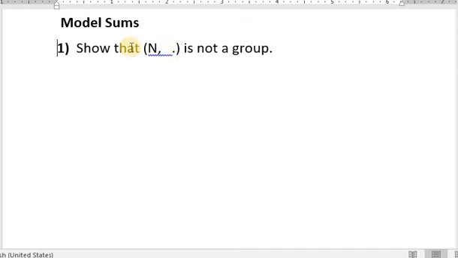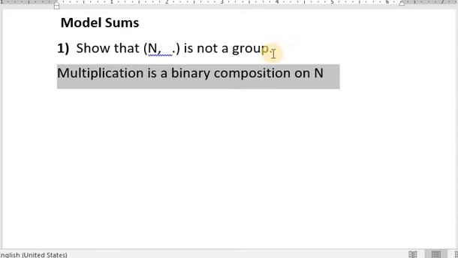Model sum 1. Show that (N, dot) is not a group. See, N means the set of natural numbers. Dot is a binary operation, multiplication. So let us prove the postulates one by one.